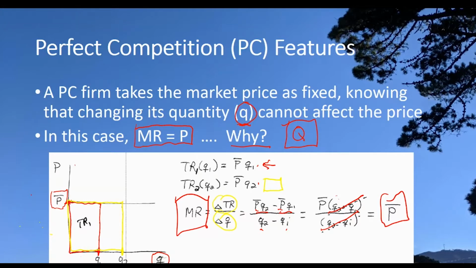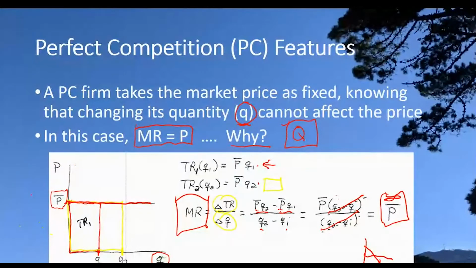So if you're not moving down a demand curve when you increase your quantity, and the small firm is assumed not to be, then you get this fixed price, and marginal revenue simplifies to, not a downward sloping line like we had said before, but instead a straight line given by the price that prevails in the marketplace for this individual firm.